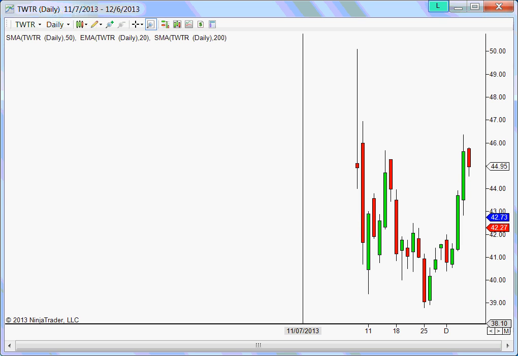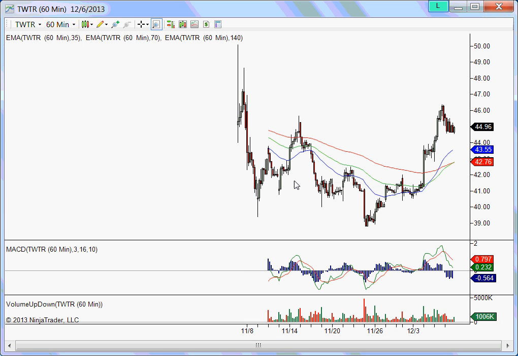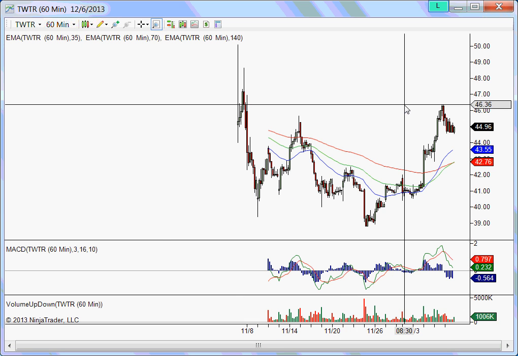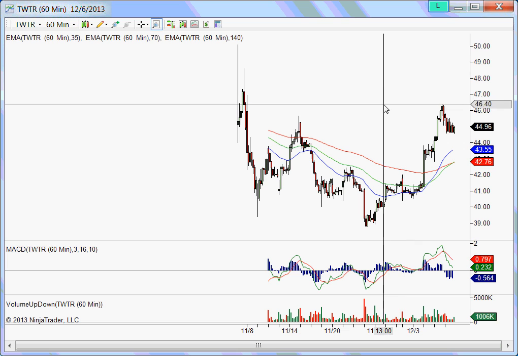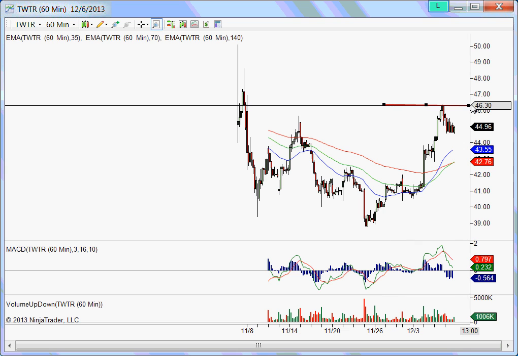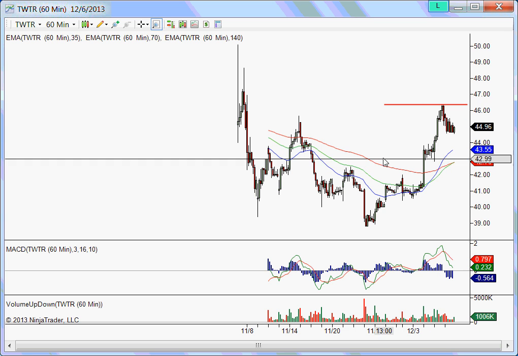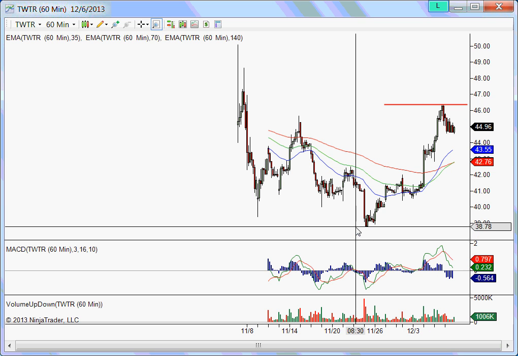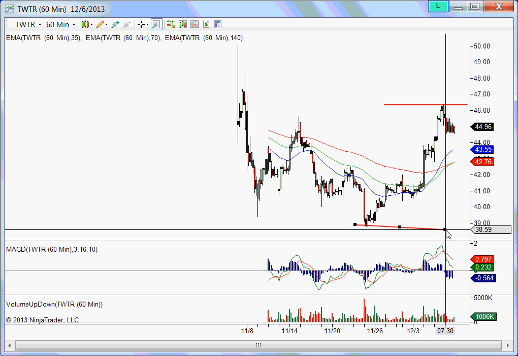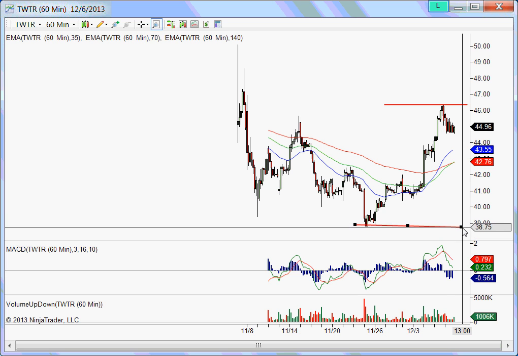Okay, then if we take a look at the 60-minute chart here, you can see this is the level essentially. We want to see if it can break above that level there. Or if not, then we're essentially looking at somewhere around over here.